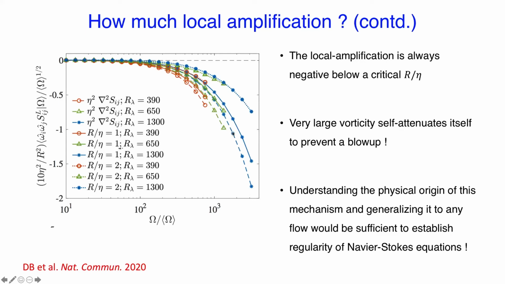If you recall, this term arises, in a way, self-induced because of the vorticity near the tubes. So what this tells us is that when the vorticity becomes very large, it self-attenuates to prevent a blow up in the neighborhood of these tubes.